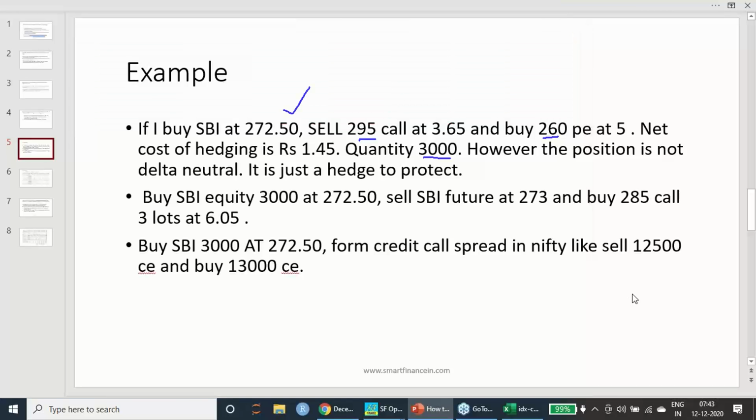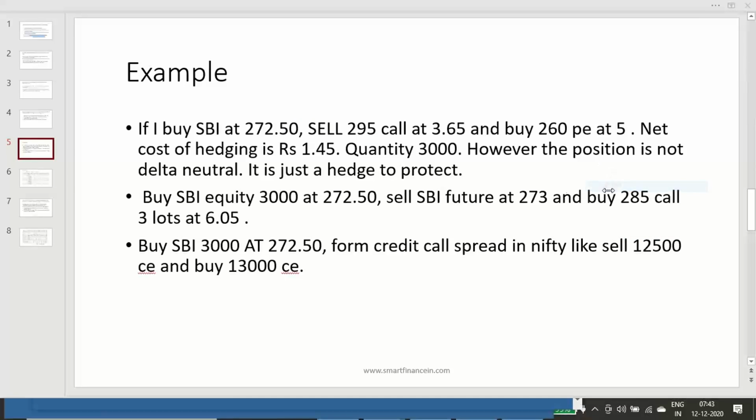Why this 0.25 delta? What makes me choose this 0.25 delta? That is more important. Why not 0.5 delta? When we choose 0.25 delta, there will be a price difference of about 10% plus or minus from the price where we are entering.